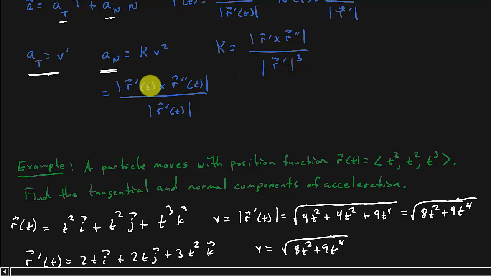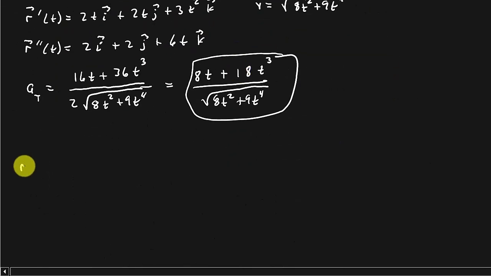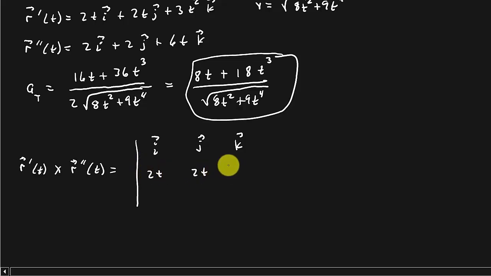So I need the cross product of the first and second derivative. All right, so I've got r prime of t cross r double prime of t. So that's i, j, k. And that is going to be, let's see, 2t, 2t, 3t squared, 2, 2, 6t.